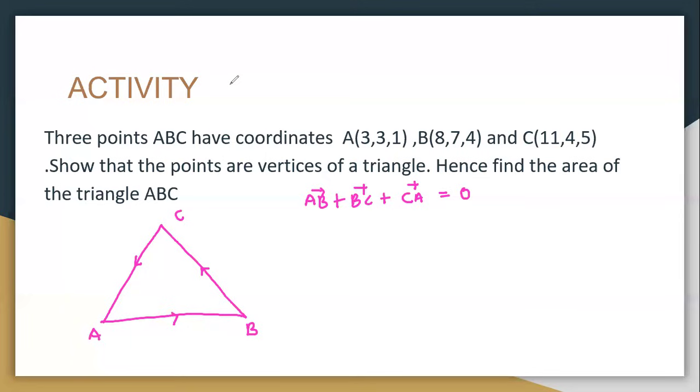Maybe someone can raise up and tell us what they have got for AB, BC. Yes, Christopher. How do we prove that the points are vertices? This is the condition. Are you seeing this condition?